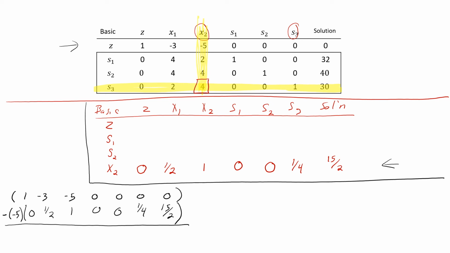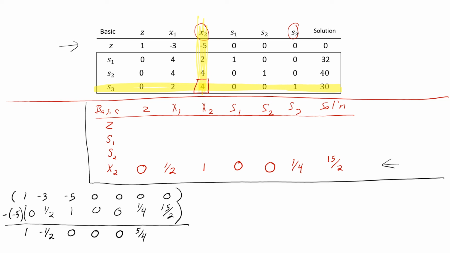Now go through element by element to get our new values. Minus times -5 is +5, so it becomes +5 times that row. 1 plus 5 times 0 is 1. -3 plus 5 times 1/2, that's -6/2 plus 5/2, which becomes -1/2. The next one is -5 plus 5 times 1, which is 0. We get a couple of zeros because it's all zeros. 0 plus 5/4 becomes 5/4.